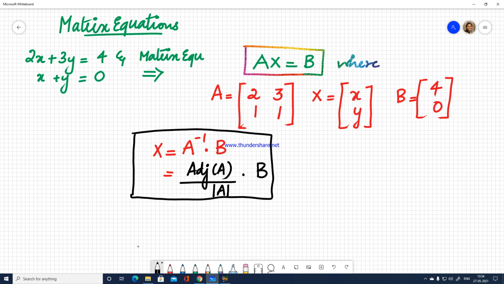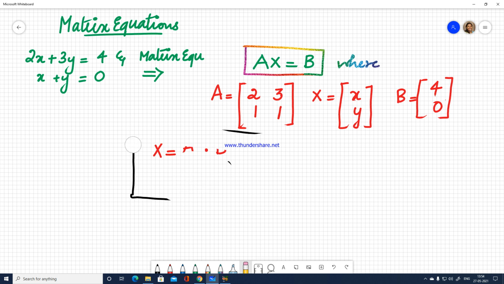Now let's consider this particular example and find the values of x and y. The adjoint of a 2 by 2 matrix is very easy to find, right?